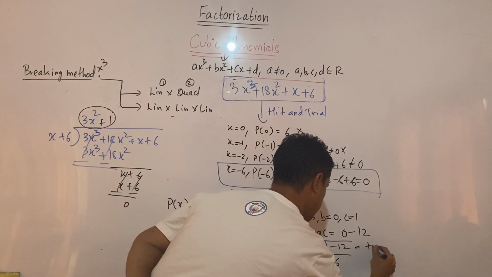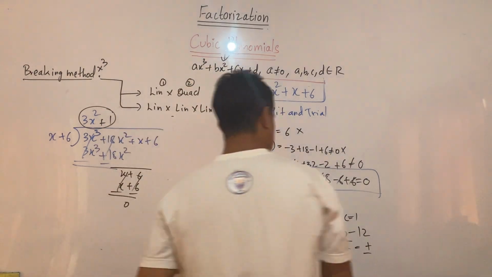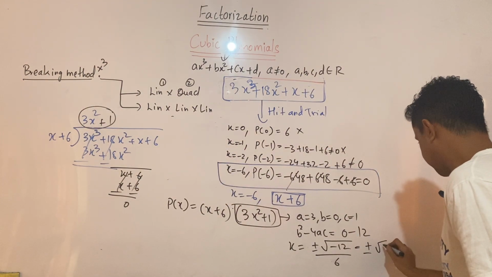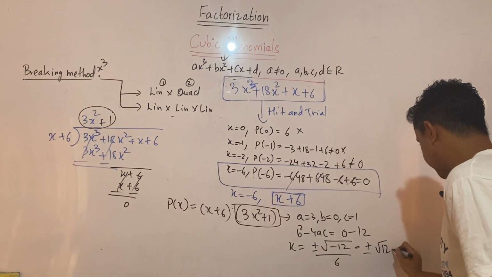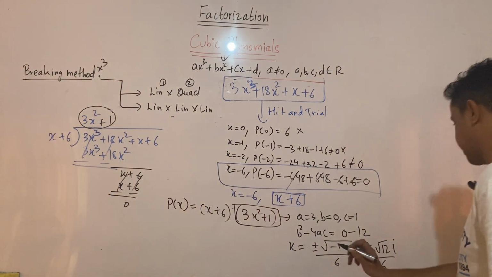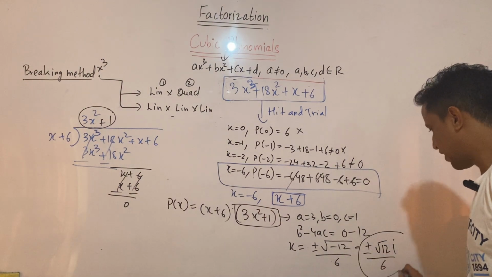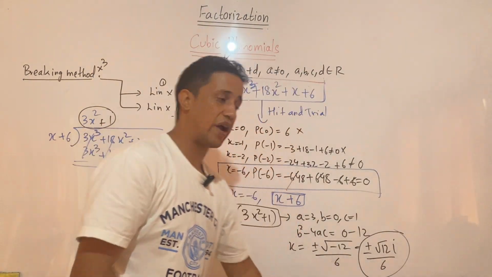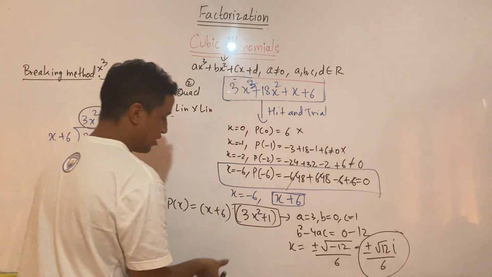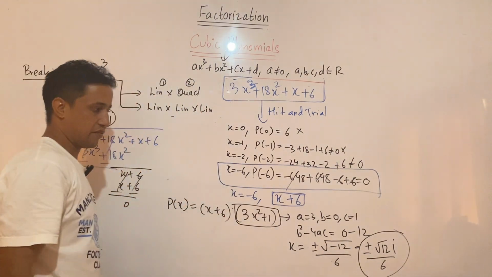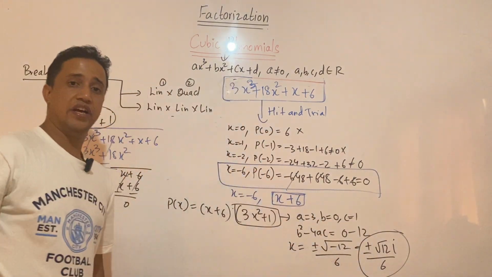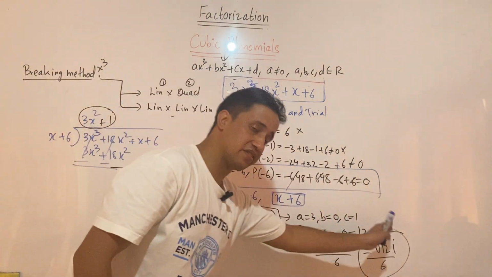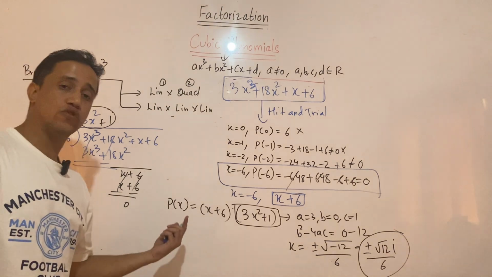So this will be plus minus root 12i by 6. So this value of x will have two imaginary values. Okay, so better let it stay like this, or you can also use this value: x minus this imaginary value, x plus this imaginary value. You can do it that way too.